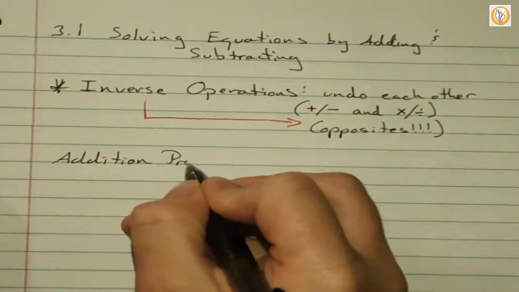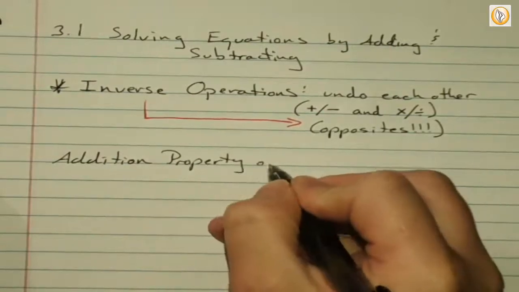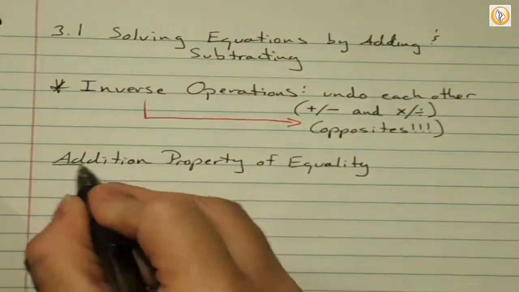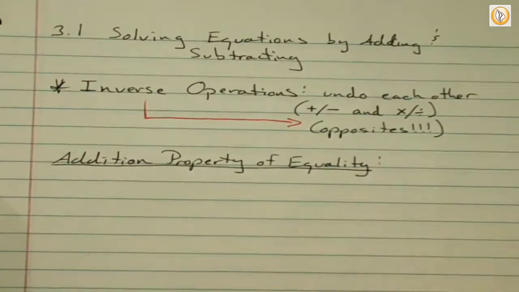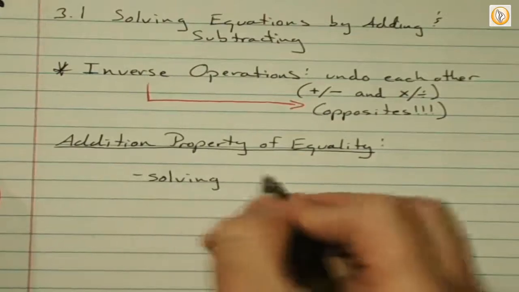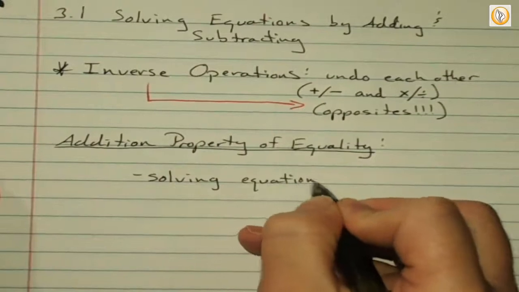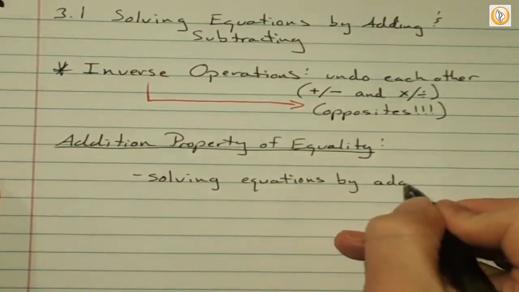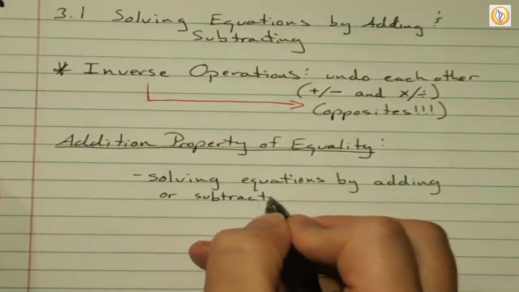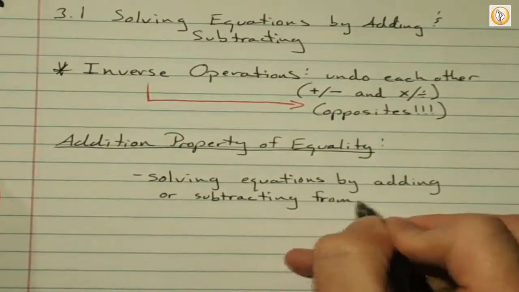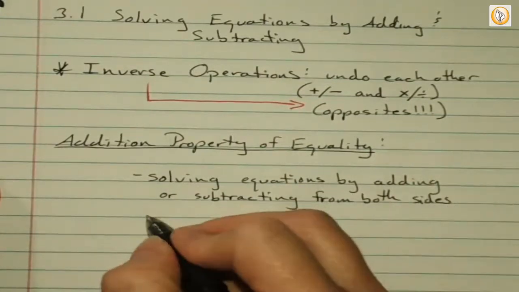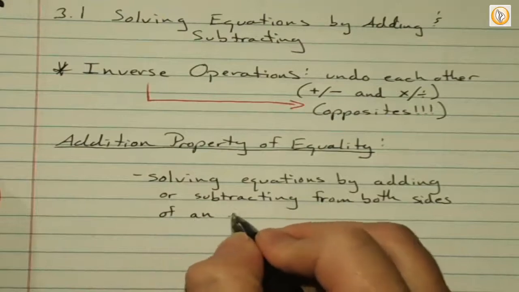Addition property of equality. What that is saying is that you're solving equations by adding or subtracting from both sides of an equation.